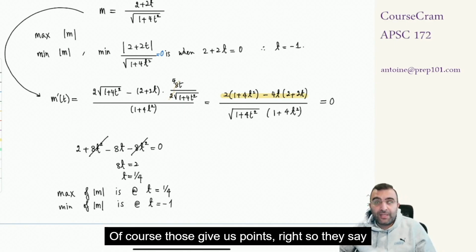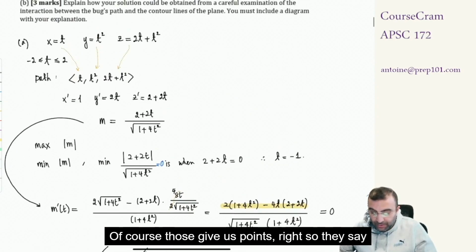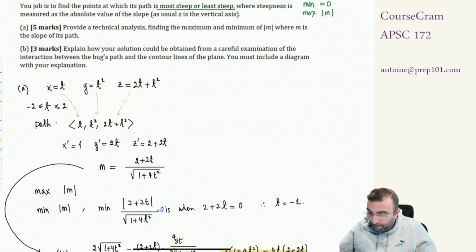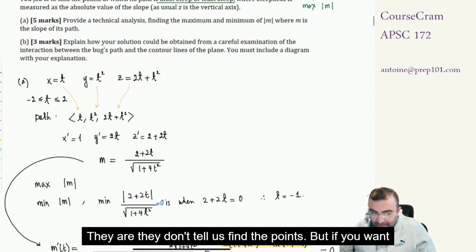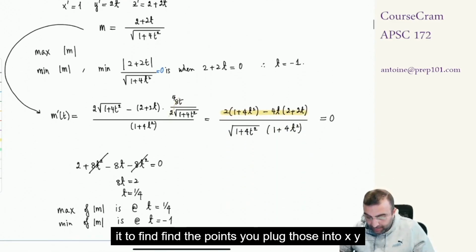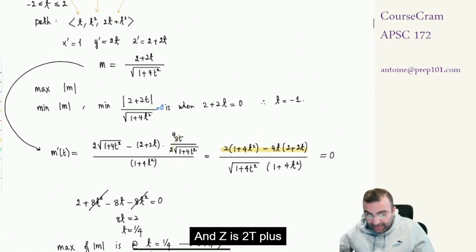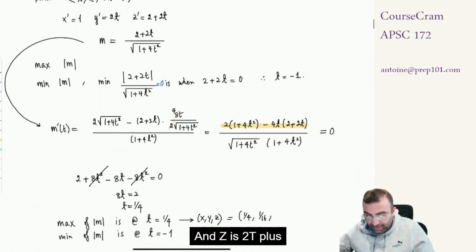Of course, those give us points, right? So they say provide the maximum. They don't tell us to find the points, but if you wanted to find the points, you plug those into x, y, z, right? So x is t, y is t squared, and z is 2t plus t squared.